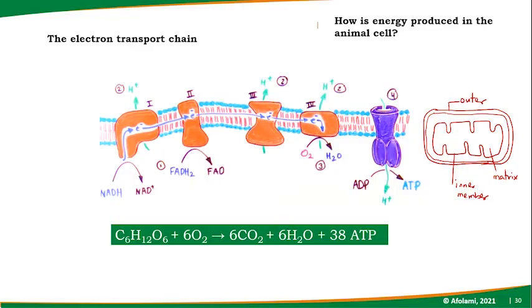So the point here is, where exactly is all this structure? So where exactly does it represent in the mitochondrion? This is the inner membrane of the mitochondrion, and this is where the electron transport chain occurs. This is very important, that what you have here is the inner membrane of the mitochondrion.